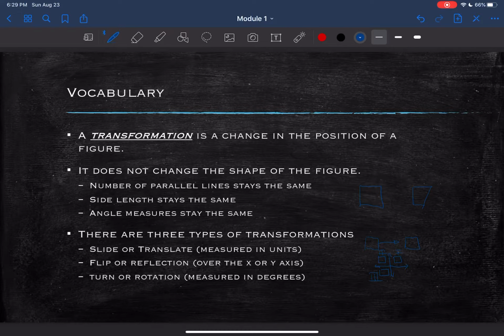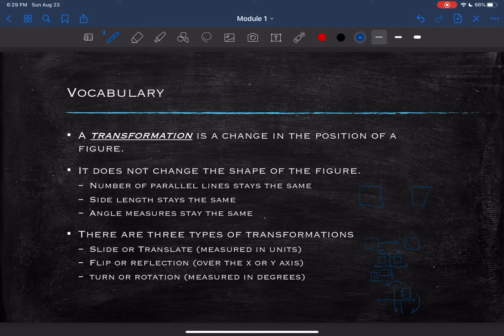Then we could talk about a turn or a rotation. So let's say we had a square in quadrant 1. It is going to be measured in degrees of rotation. So if I said a 90-degree rotation, I could either go counterclockwise, opposite of the clock, or clockwise, the same direction that a clock goes.